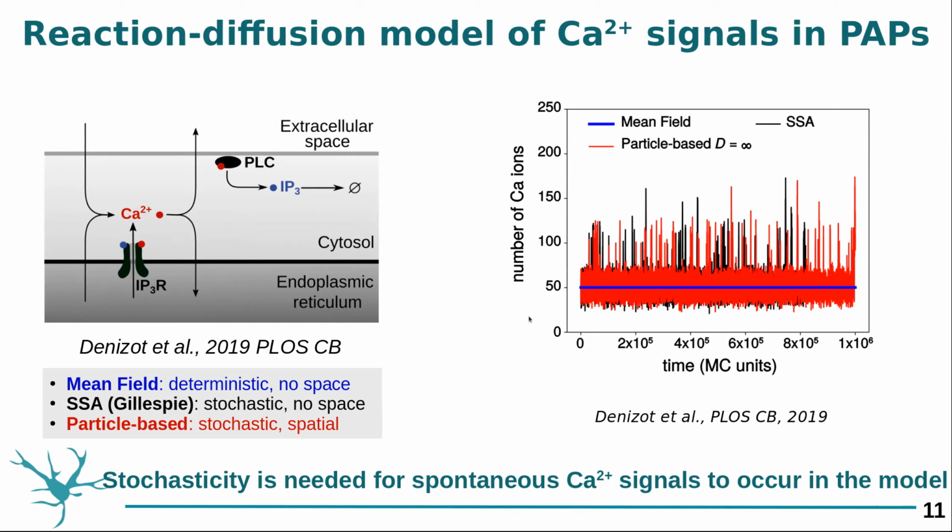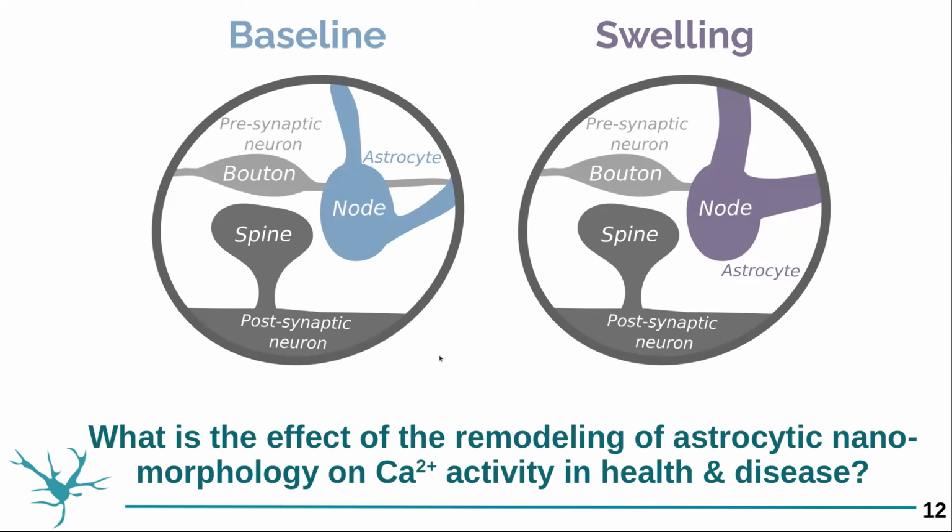And strikingly, there were no spontaneous openings of the calcium channels in the mean field implementation of the model, which suggested that for this model and in such small volumes, stochasticity is needed for observing spontaneous calcium signals in the model. So then back to our question.